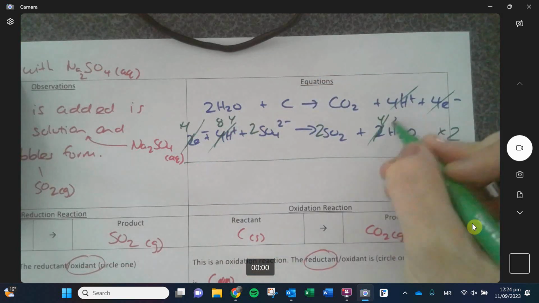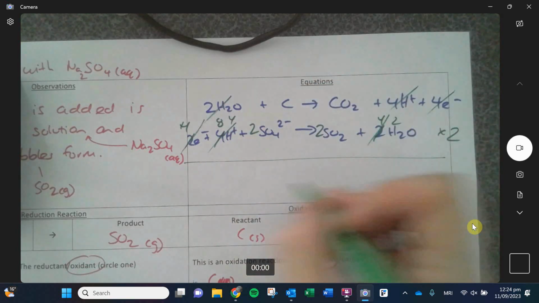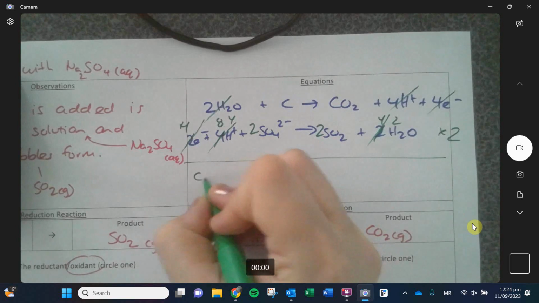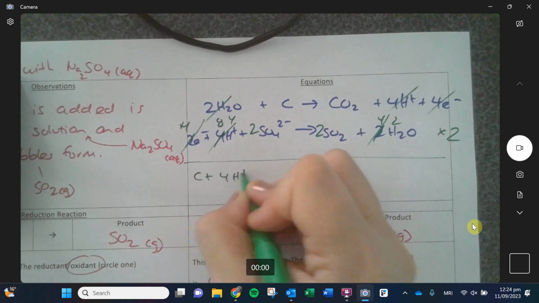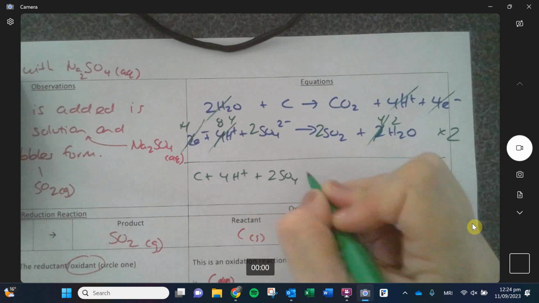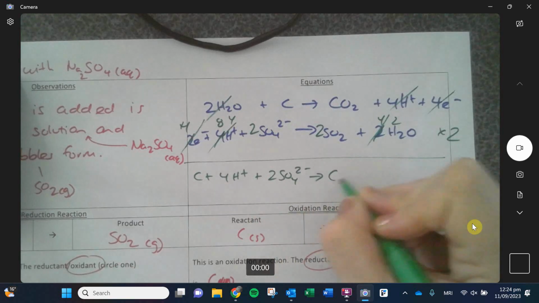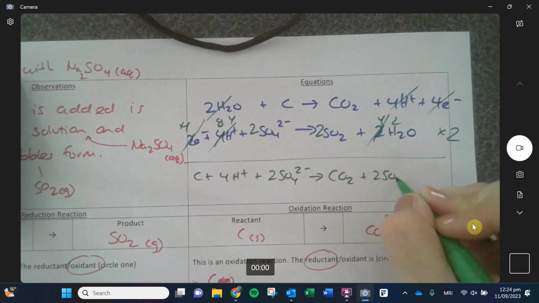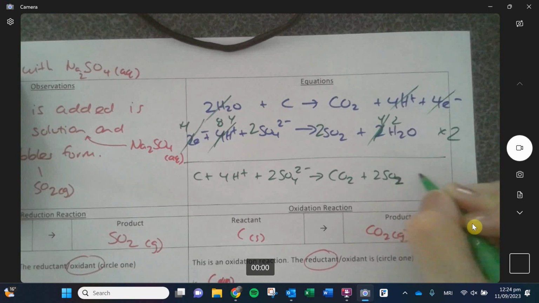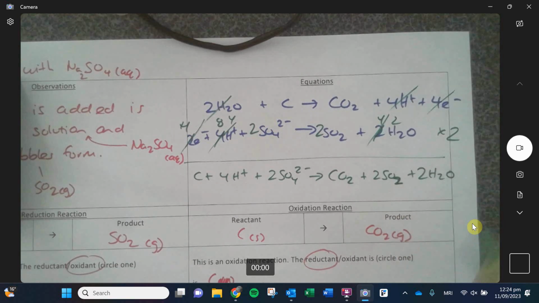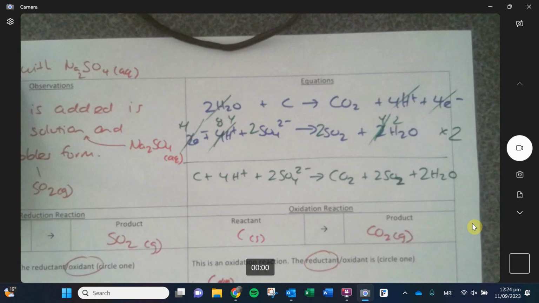That goes back to a 2 because that cancels out. So I would have C plus 4H plus 2SO4 2 minus becomes CO2 plus 2SO2 plus 2H2O. That's what you need for excellence.